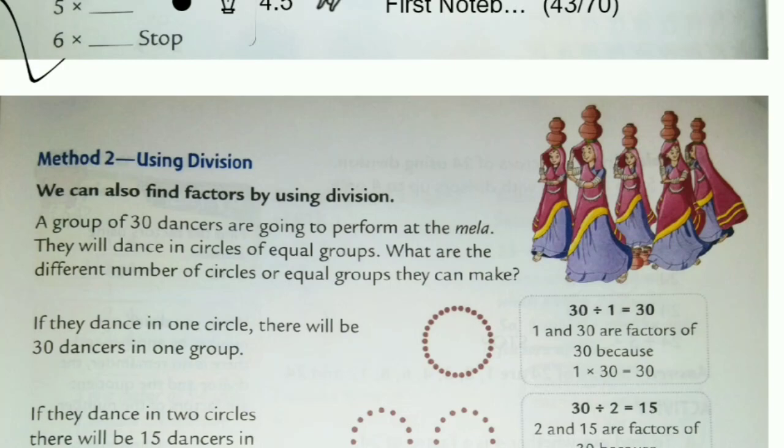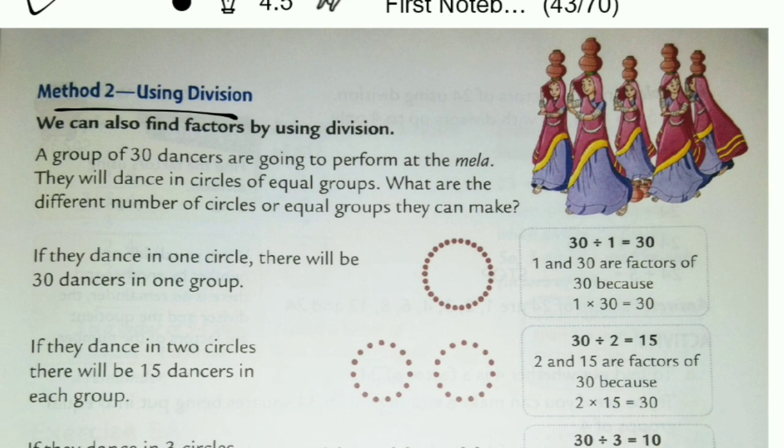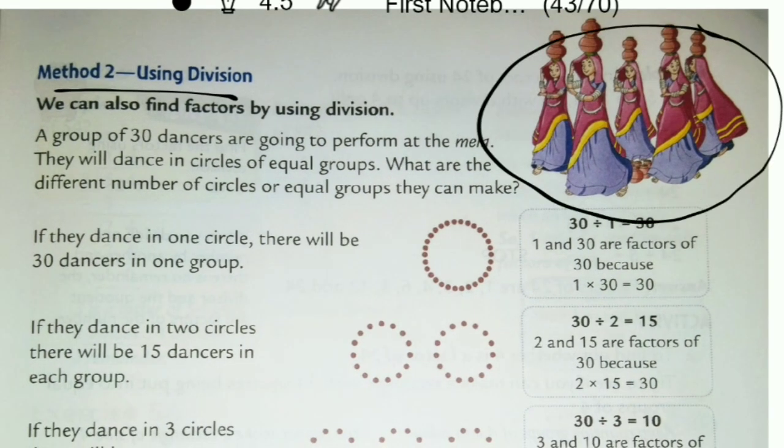Next is method number 2, using division. In this one, these are the dancers, they are dancing. There are 30 dancers. They will show their performance at the Mela. So we can arrange them: first 30 divided by 1, we get 30.